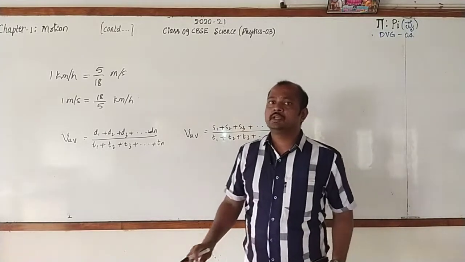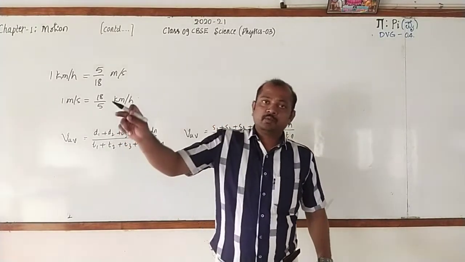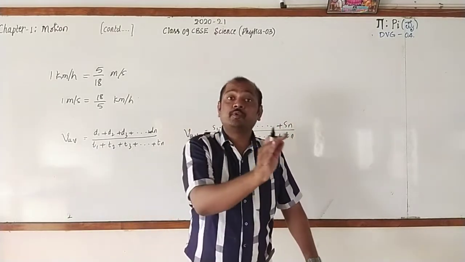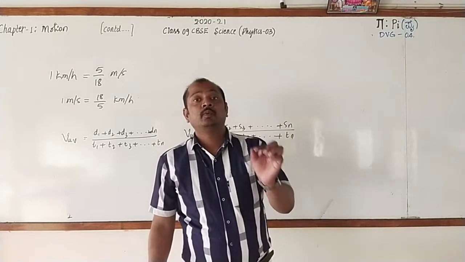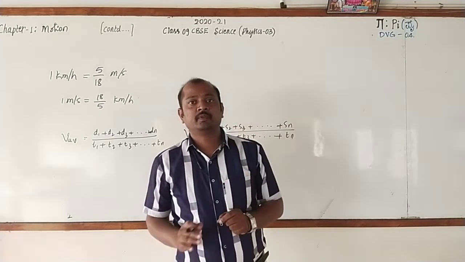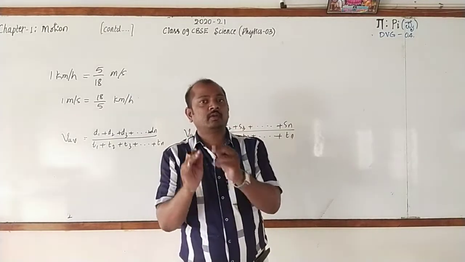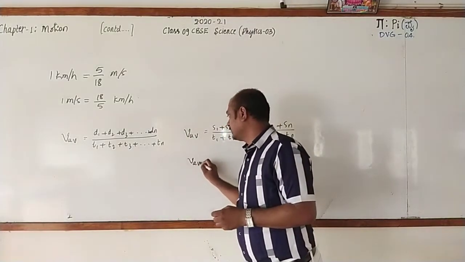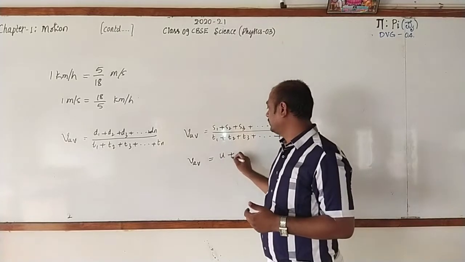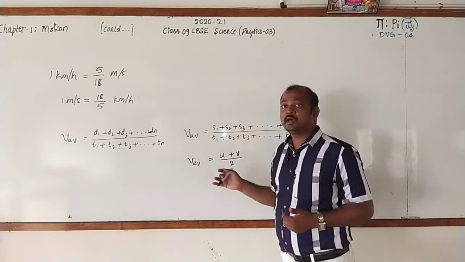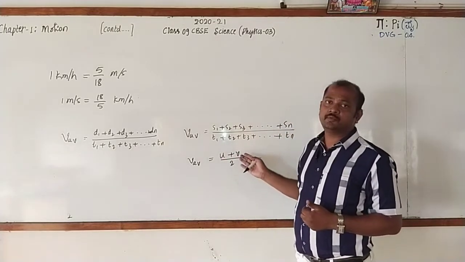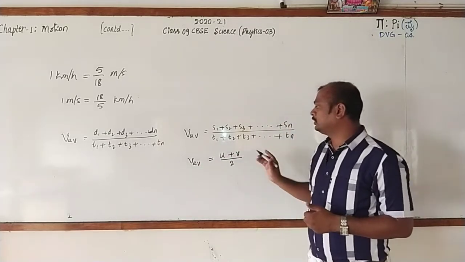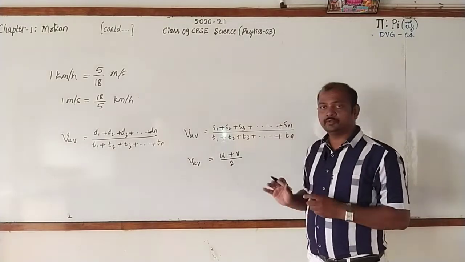Another important thing: when a body is moving along a straight line with uniform motion, the average velocity of that body can also be defined as the arithmetic mean of initial velocity and final velocity, and the formula can be written as v_av equal to (u plus v) by 2.